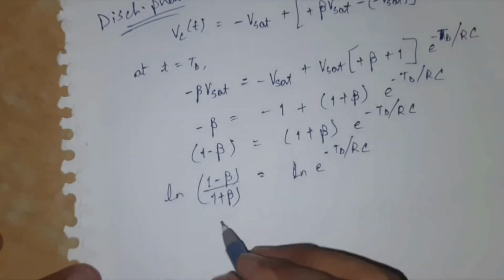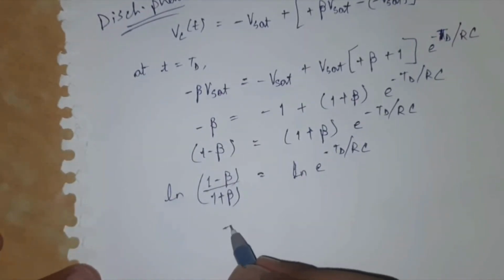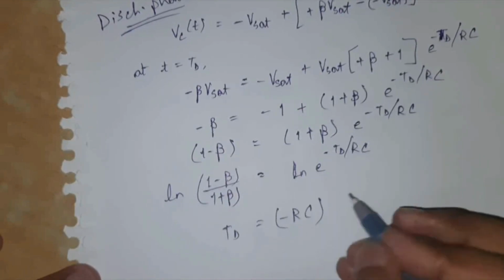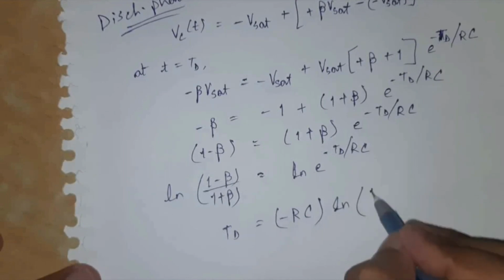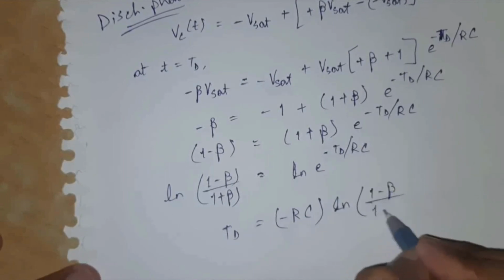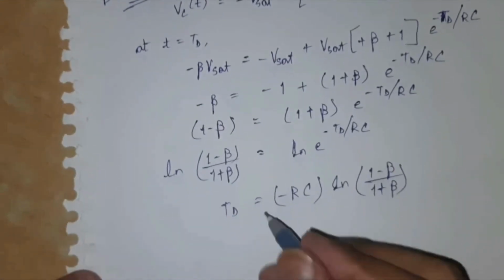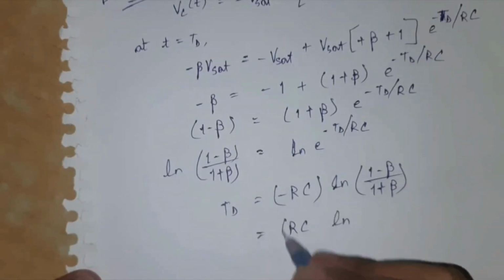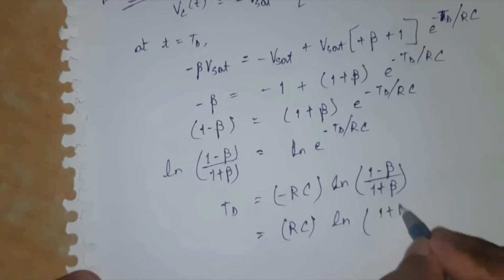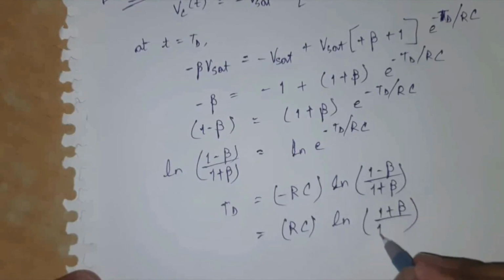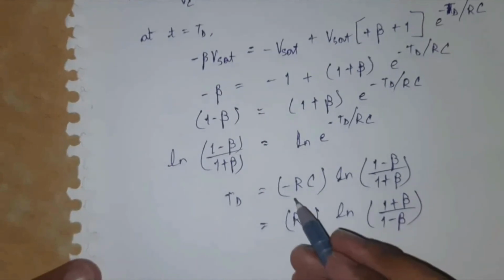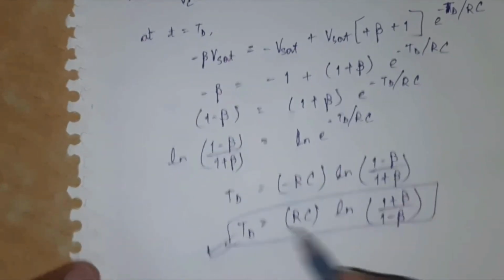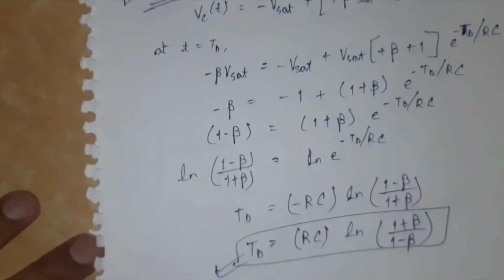So you know how to solve this. We can say Td is equal to minus Rc ln 1 minus beta upon 1 plus beta. Taking care of this negative sign, we can just shuffle this, 1 plus beta, numerator and denominator exchanged, and it has taken care of this minus sign. So the time of discharge has come out to be Rc ln 1 plus beta by 1 minus beta.